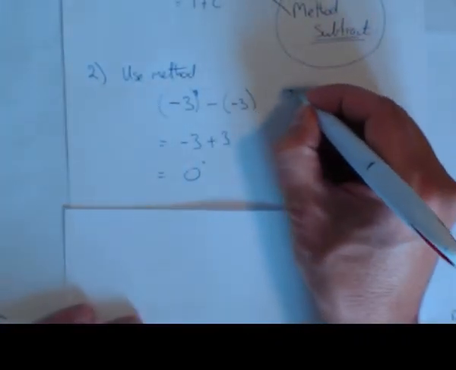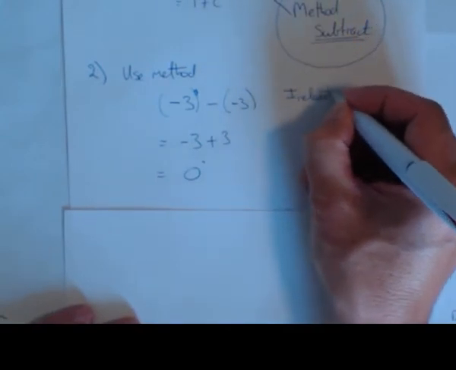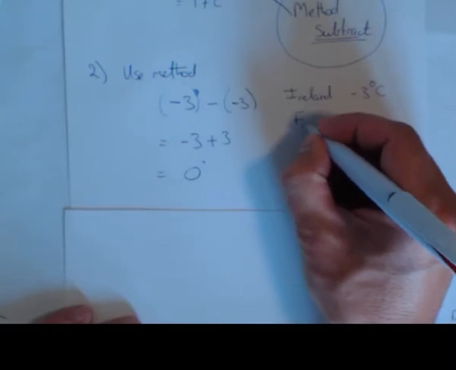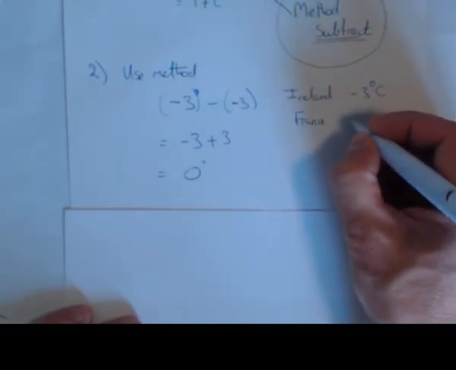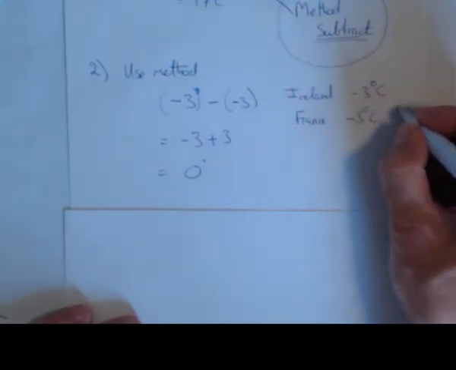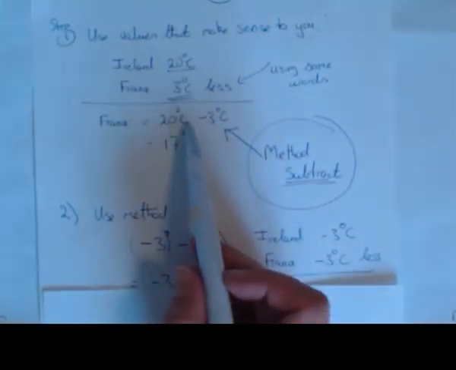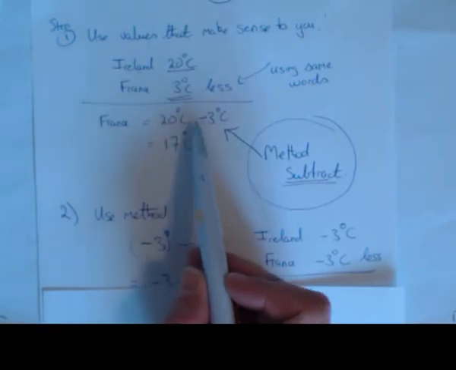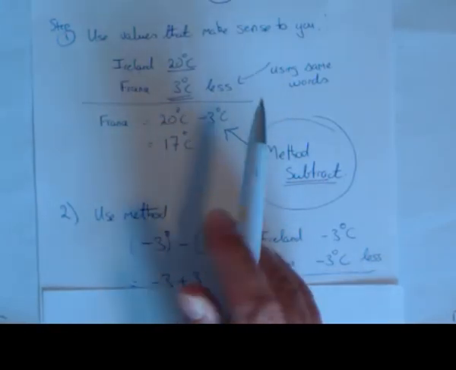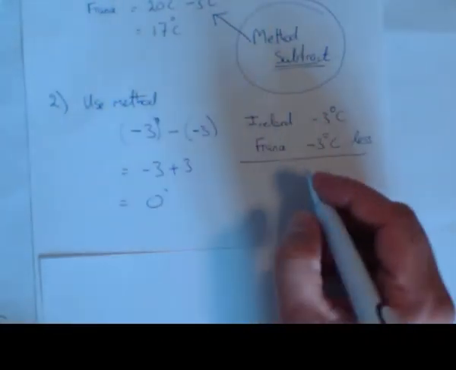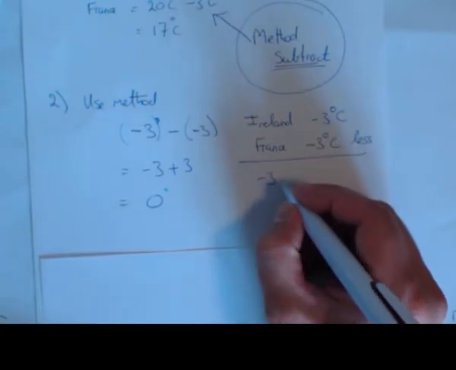Then you use the method for the question. The question was the temperature in Ireland was minus 3 degrees. Temperature in France was negative 3 degrees less. Our method was the temperature in Ireland, subtract how much less it is in France, which is temperature in Ireland minus 3 degrees.